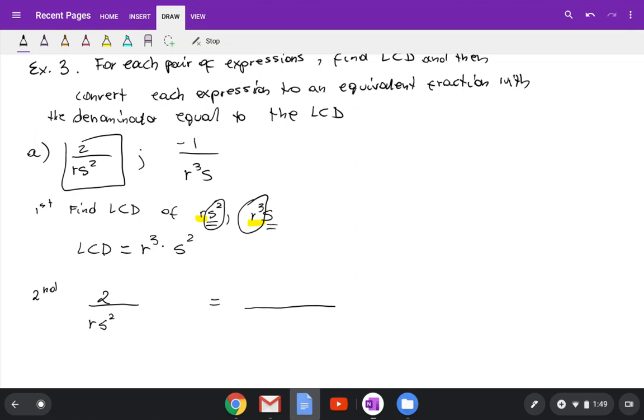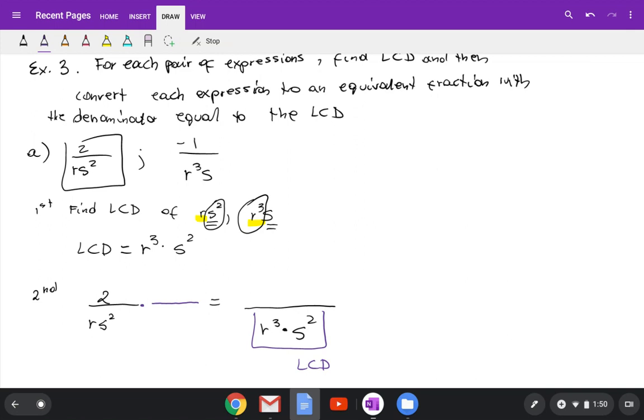The new denominator will be LCD. So we want to have R to the third power times S squared, okay? So don't forget that we're converting, okay? Our new denominator is LCD. So how can we do it, okay? You're going to multiply top and bottom of your original fraction by the factor which is missing.